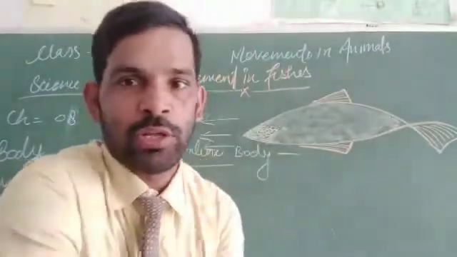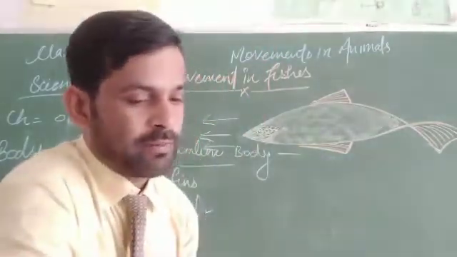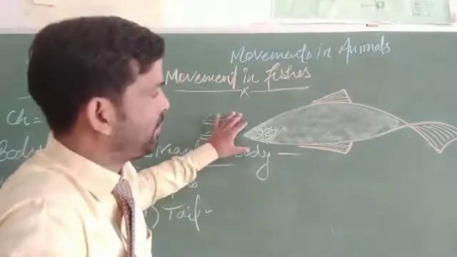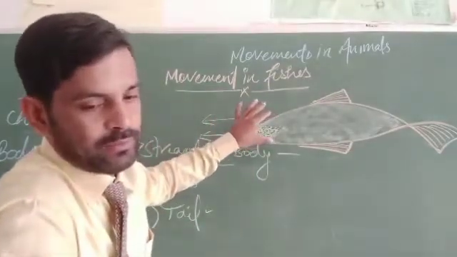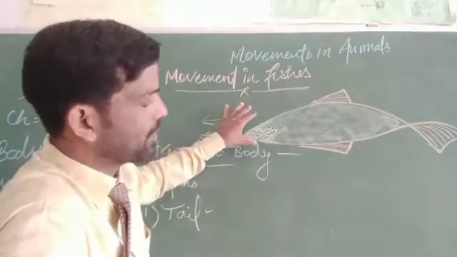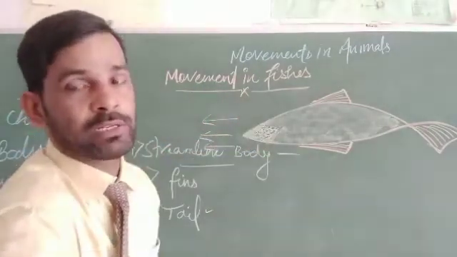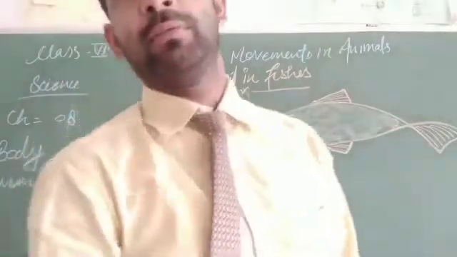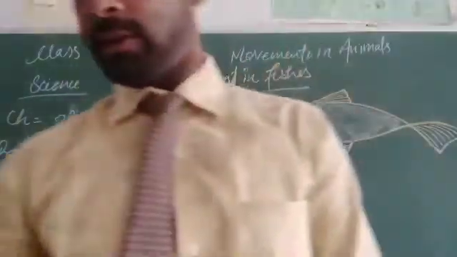This permits the fish to move easily through the water, thus offering the least resistance to movement. Its body is like a stream, which makes movement very easy.